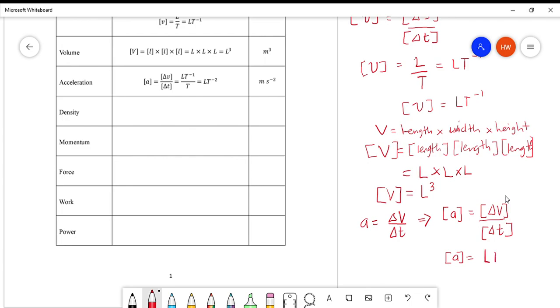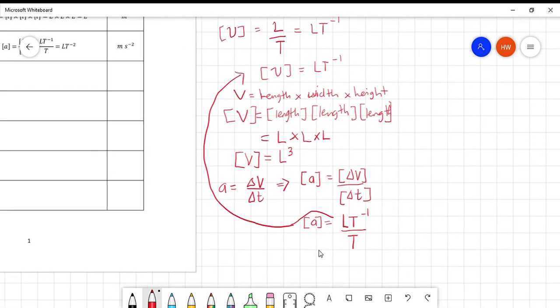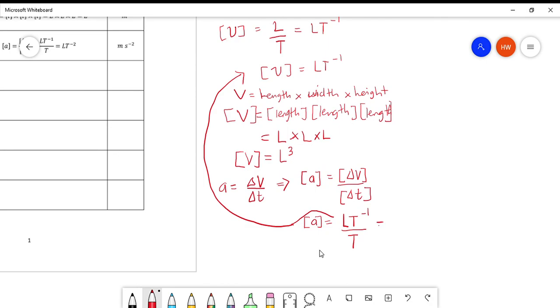So we just write it down as we already did in the first part. So we got LT minus 1 over the time, which is T. So we solve this, and this one would be equal to LT minus 2.